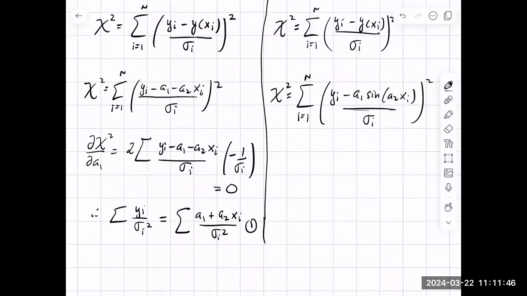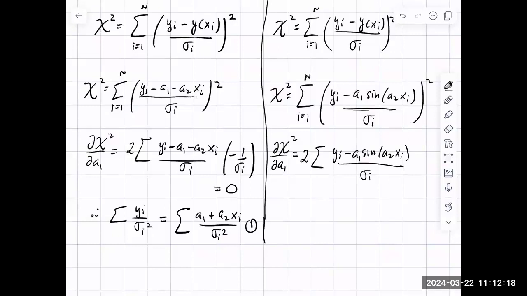Then we're going to try to do something like that for the nonlinear fit. So we have to do this derivative with respect to A1. It starts the same: we get 2 times the sum of y_i minus A1 sine A2 x_i, divided by sigma_i.